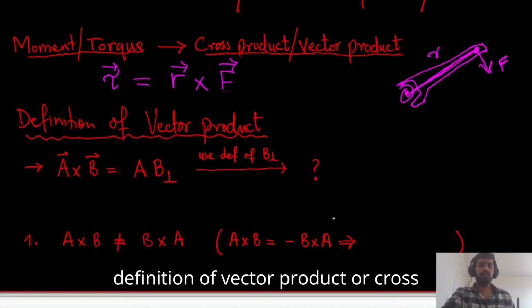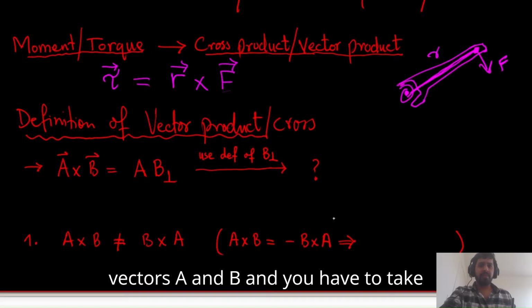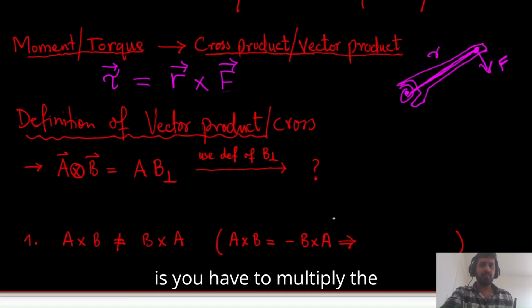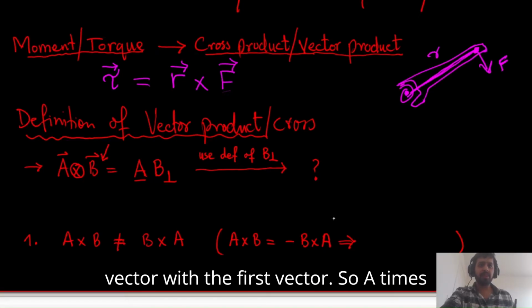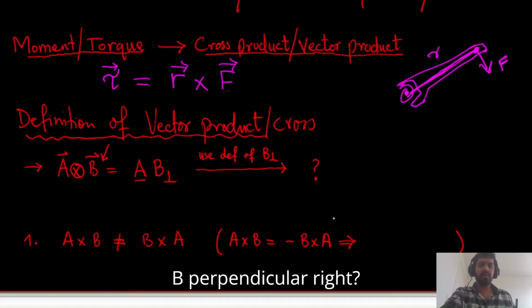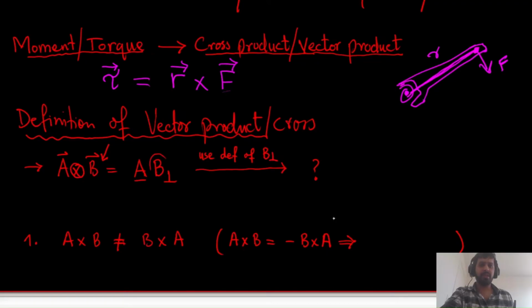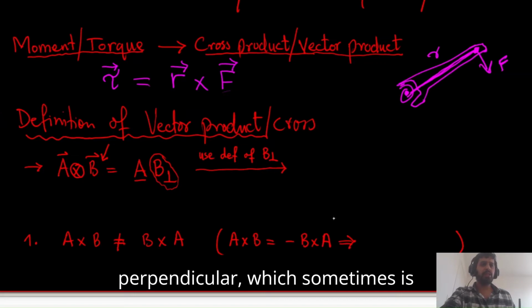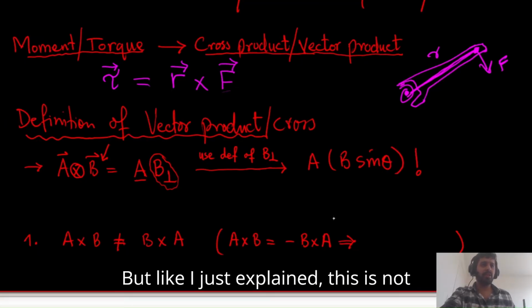To understand the definition of vector product or cross product: if you have two vectors a and b and you have to take their cross product, what you have to do is multiply the perpendicular component of the second vector with the first vector. So a times b perpendicular. So now you can see why I spent some time to explain how to find this b perp or b perpendicular. So now you can use the definition of b perpendicular, which sometimes is just b sine theta, but like I just explained, this is not always true.